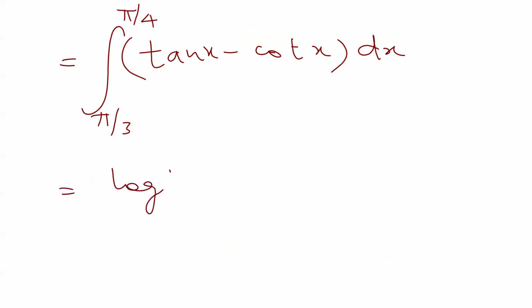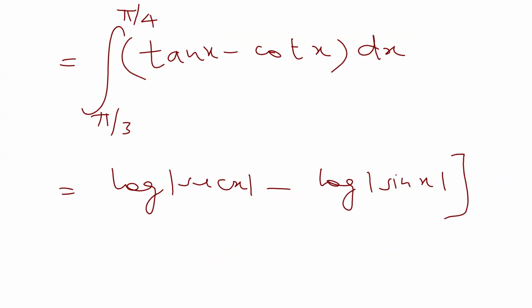Tan x is log mod sec x. Cot x is log mod sin x. There is no plus c. And these are direct integration formulae. Now before we put the upper limit and lower limit, we can modify this further.